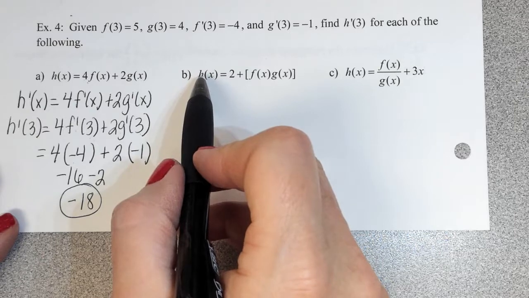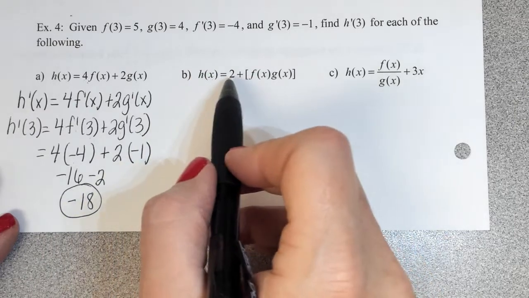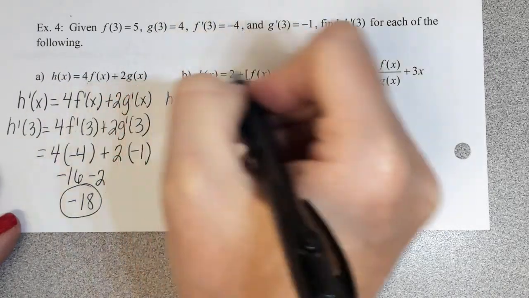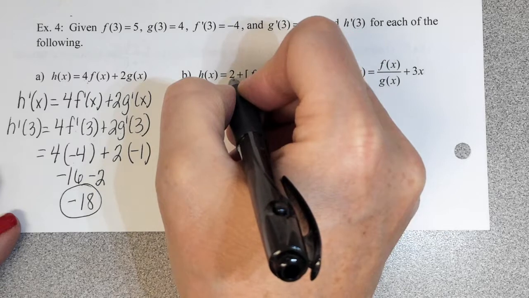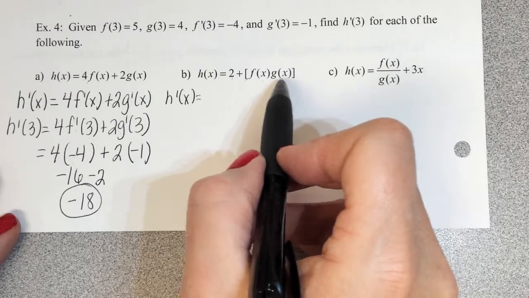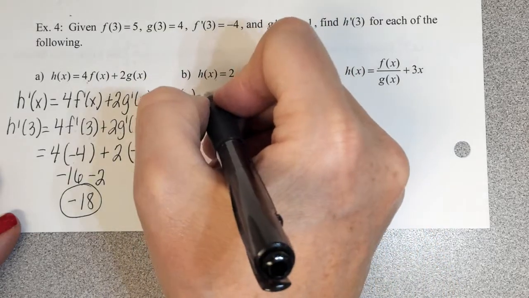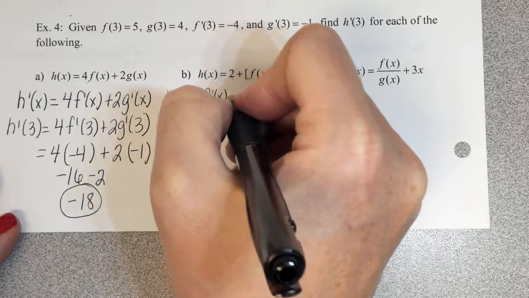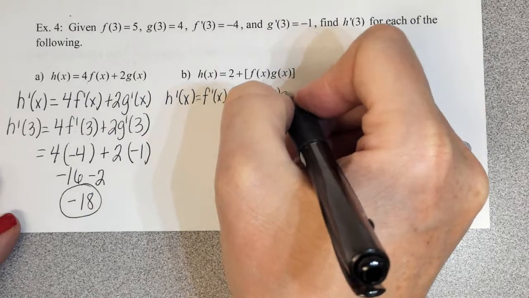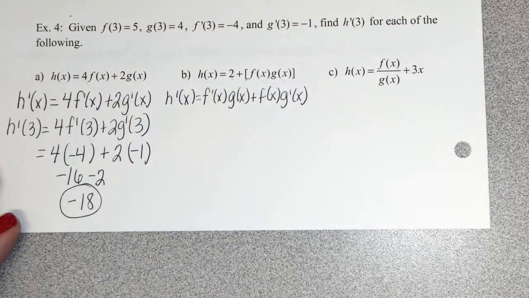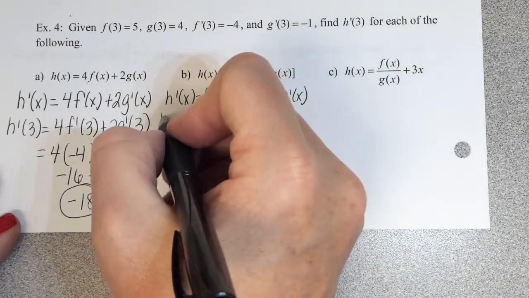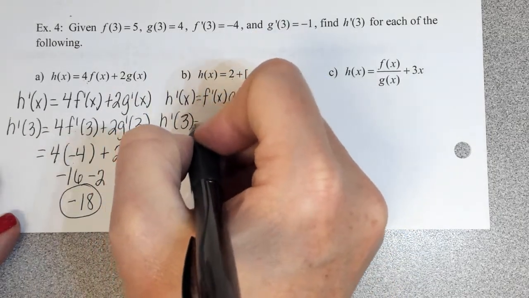All right, on letter B, we're going to have to take our derivative here. So h prime of x, what's the derivative of just 2? 0. What do I have to do for this derivative? Use what rule? Product rule. So I'm going to have to do f prime of x times g of x plus f of x times g prime of x. So evaluating this, I'm going to have to plug in 3 everywhere I have an x.